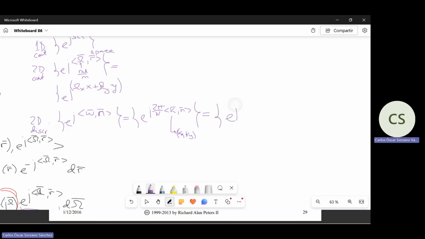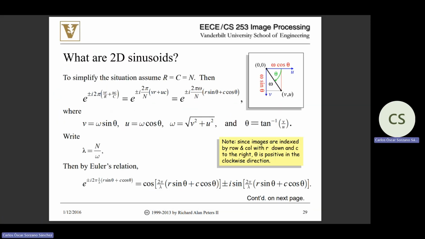It's a basis of 2 pi, and kx divided by number of rows, ky divided by number of columns. This is a vector times your index. So it is the same. So this is the right way if your images are not square. Very good.